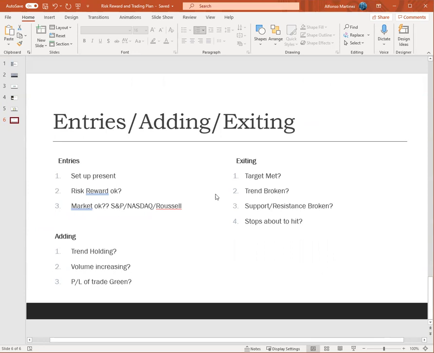So the next step here is, okay, how am I going to determine my entries, where I'm going to add, and when I'm going to exit, right? For each trade. Now that I already know the amount that I'm going to be playing and what my risk reward is, that's it. So a very simple checklist for our entries: we have to check, number one, if the setup is present.